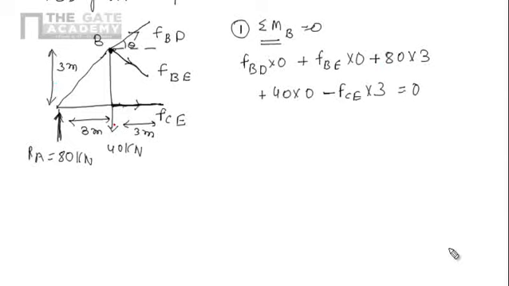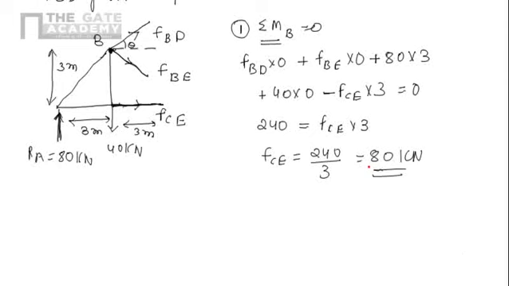Due to 40 kilonewton, the line of action is passing through B, perpendicular distance is 0, so moment will be 40 into 0, that's 0. Due to this FCE, the perpendicular distance is 3, so FCE into 3, and direction is in anti-clockwise direction, it is negative. Now we can solve it. It is 240 equals to FCE into 3. So FCE equals to 240 by 3, it is 80 kilonewton.